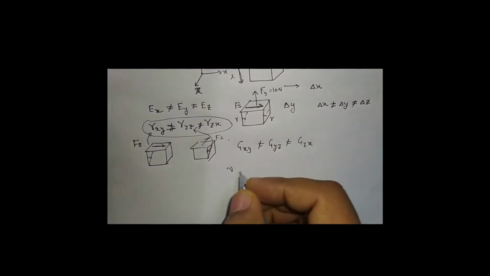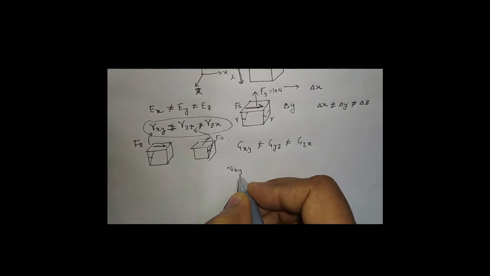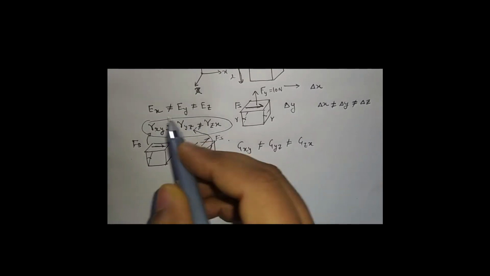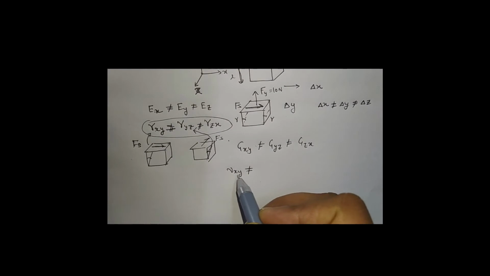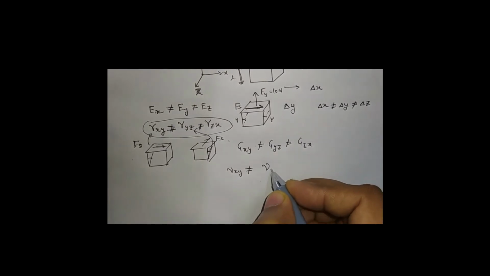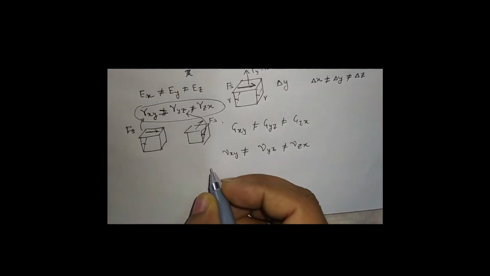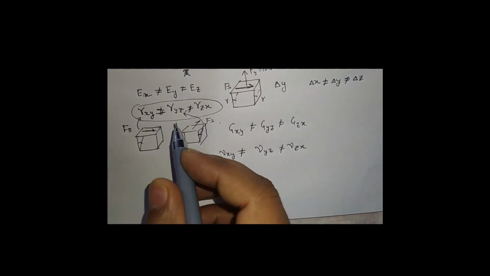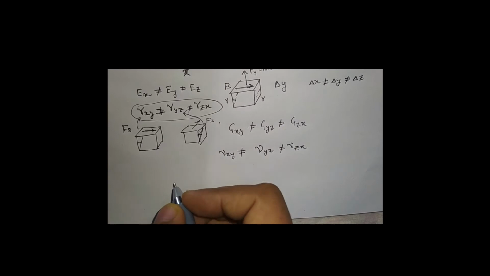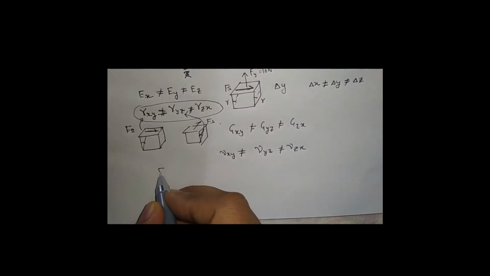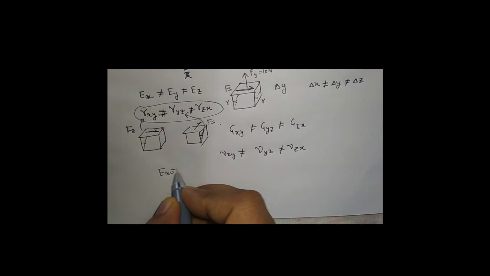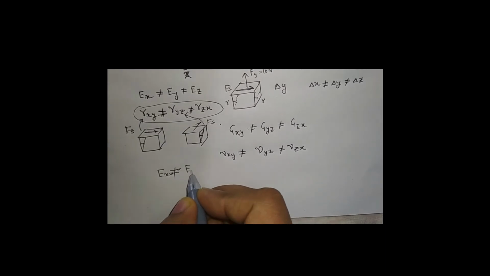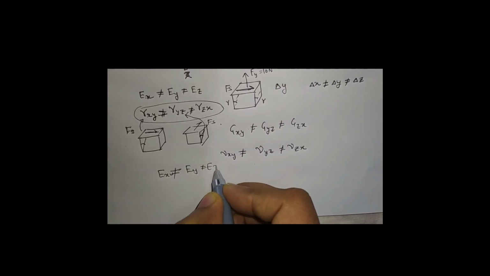And also the Poisson's ratio, xy. By using these we can find the Poisson's ratio also. Poisson's ratio will not be the same. So the final thing, we have to tell the number of independent elastic constants in the case of the orthotropic material. Here we know that Ex is not equal to Ey, not equal to Ez.